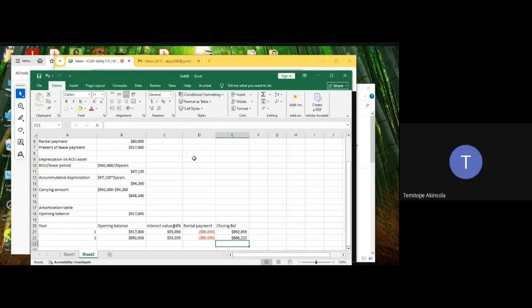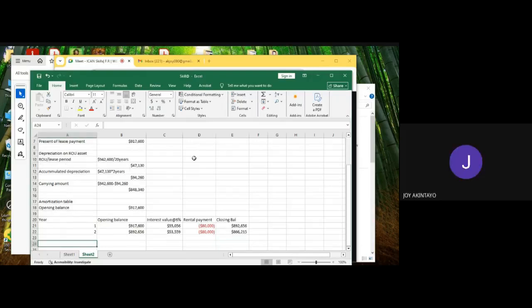Yes, sir. Okay. Now we are to determine the financial position. We are to prepare the financial position extract.